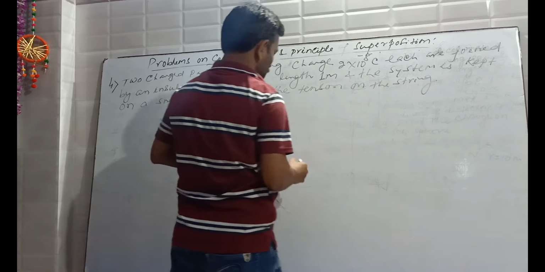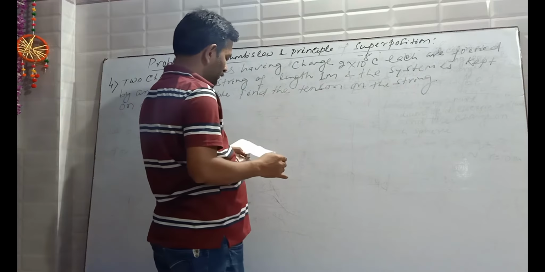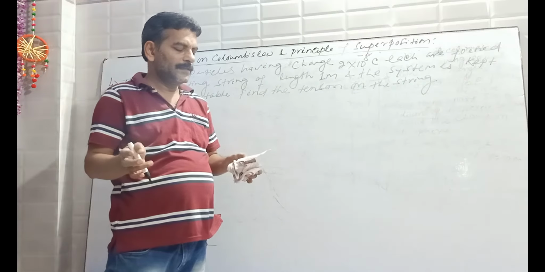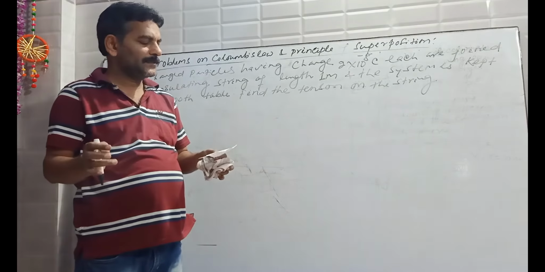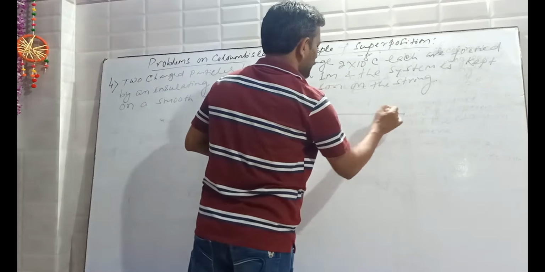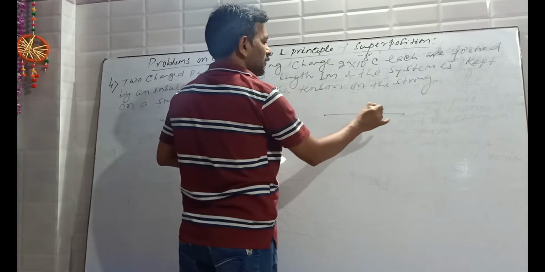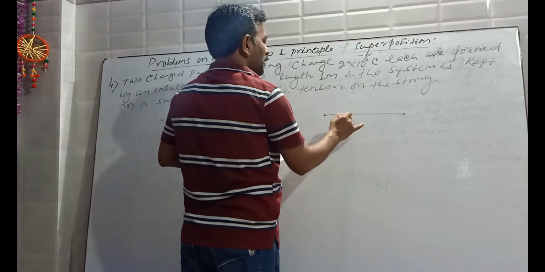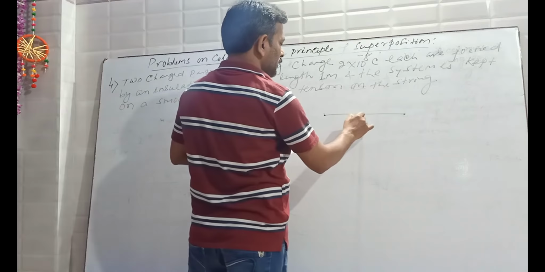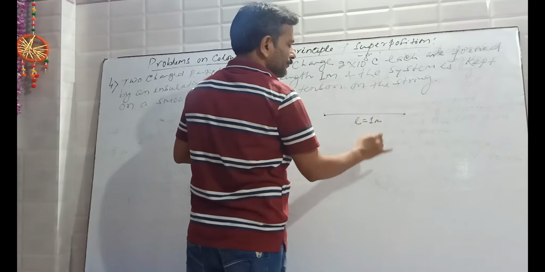You see, on a smooth table, two charged particles having charge 2 into 10 to the minus 8 coulomb. That means identical charges connected by an insulating string of length L, 1 meter.